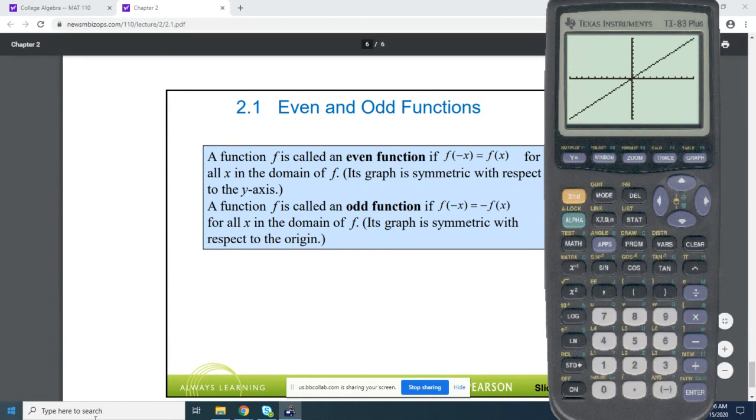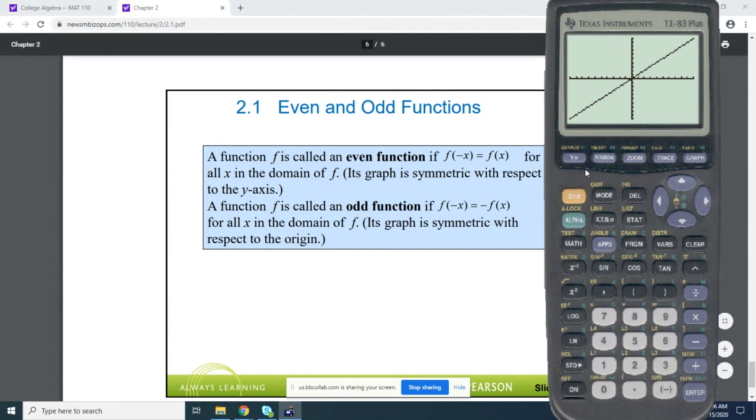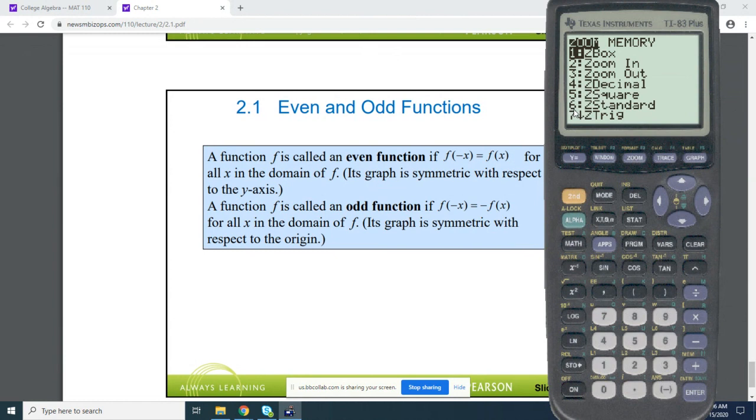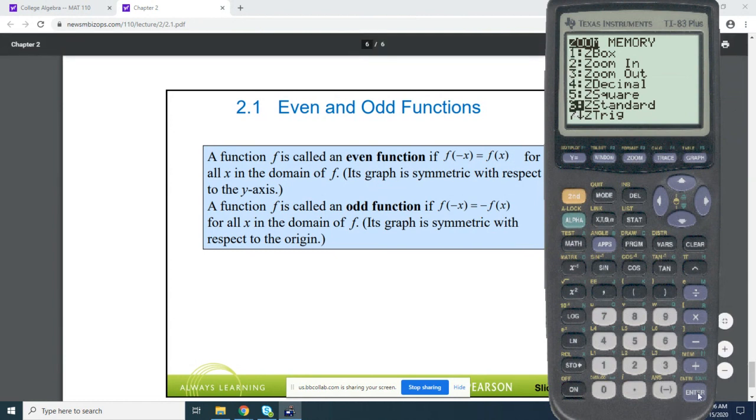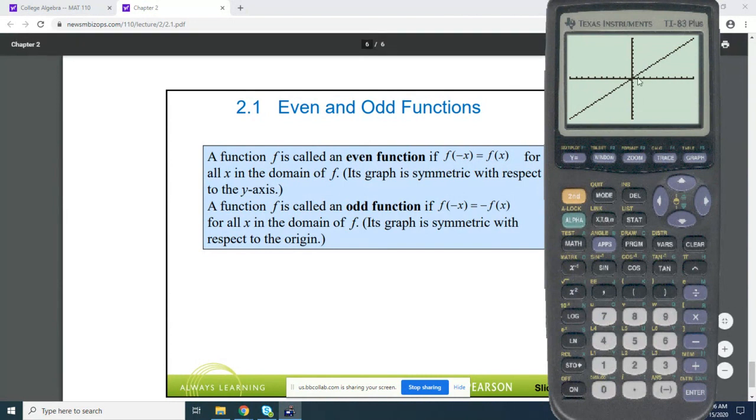Now, when I graph functions in this course, you're going to see me do a couple things, and I want to explain what I'm doing. Oftentimes, instead of hitting graph, I'm going to hit zoom and then 6, which is standard. What zoom standard does is put your calculator's x-axis from -10 to +10 with increments of 1.